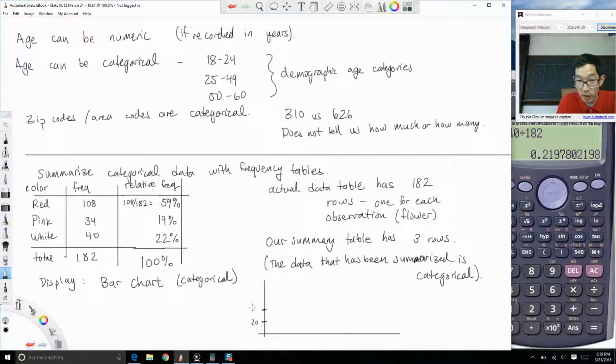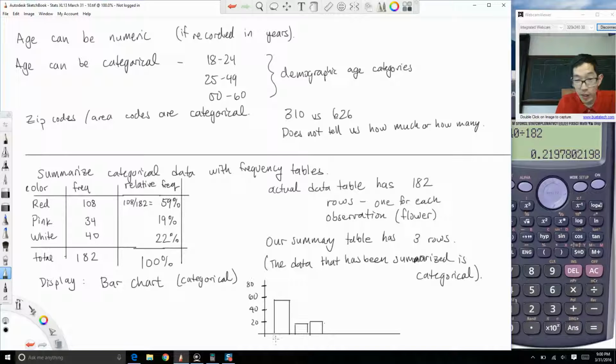If I'm going to create a bar up at 59, a bar at 19, and a bar at 22.